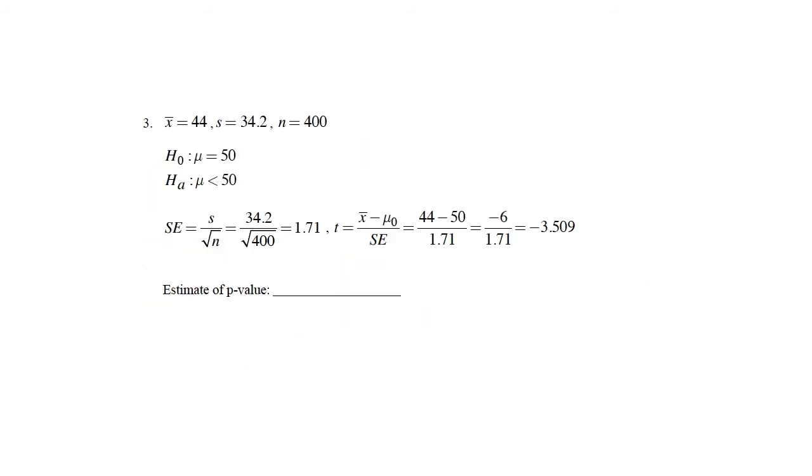So let's look at one more example. And again, we have a mean, which we can see from the fact that we're given a sample statistic x bar and that our hypotheses are in terms of a mean mu.